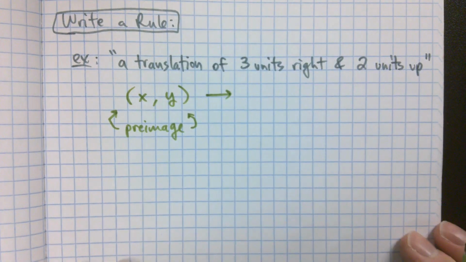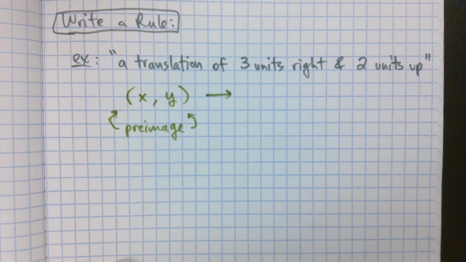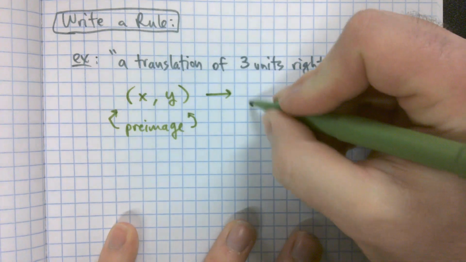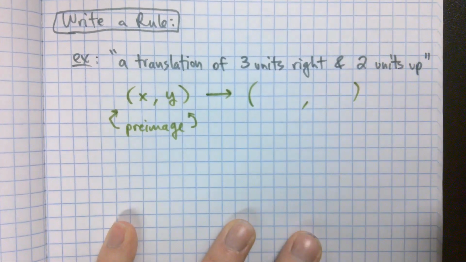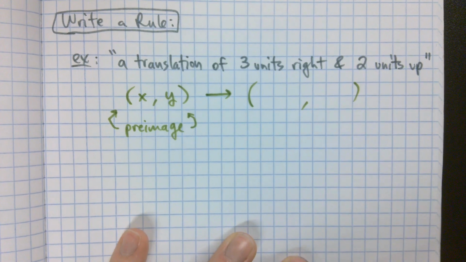And we're going to translate that point, or set of points if we have a triangle, 3 units right, 2 units up.